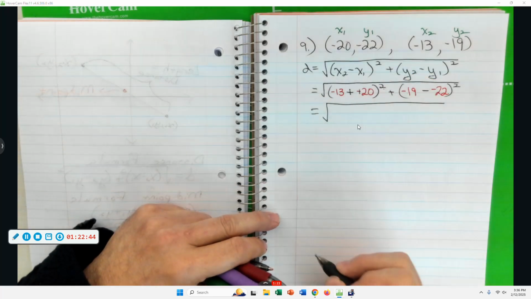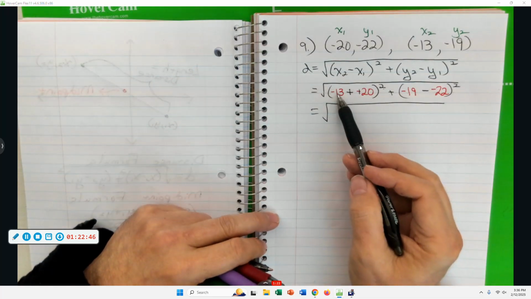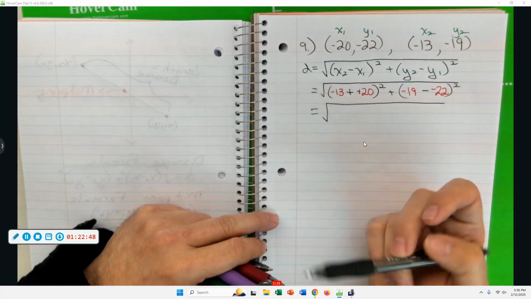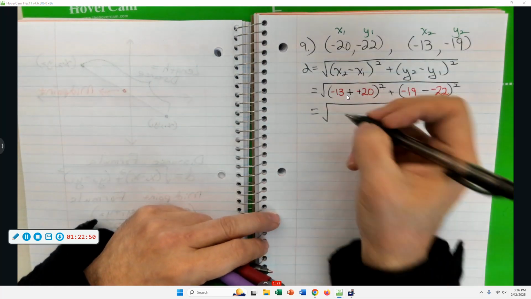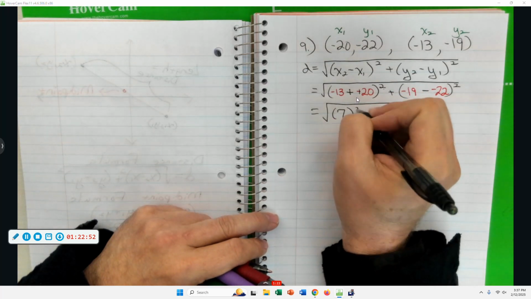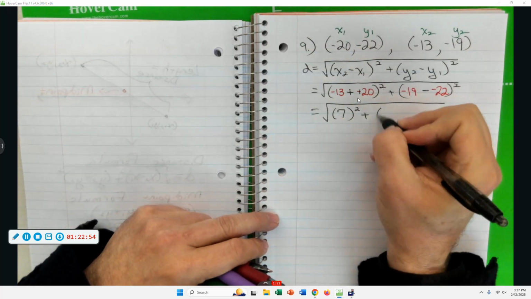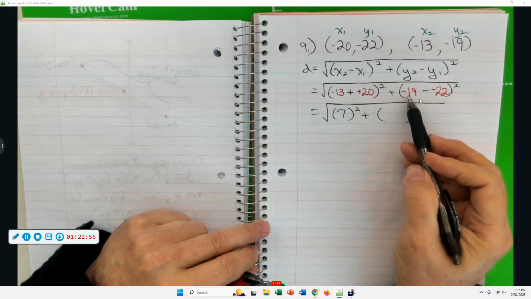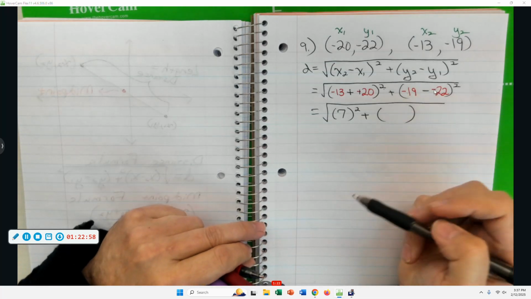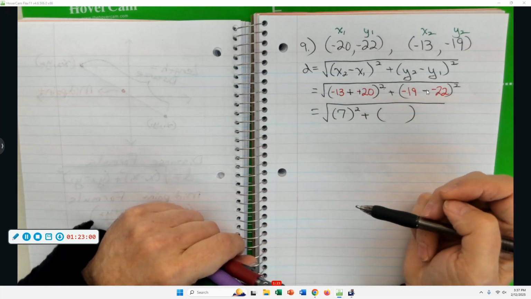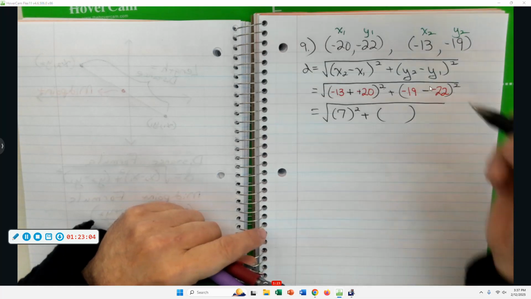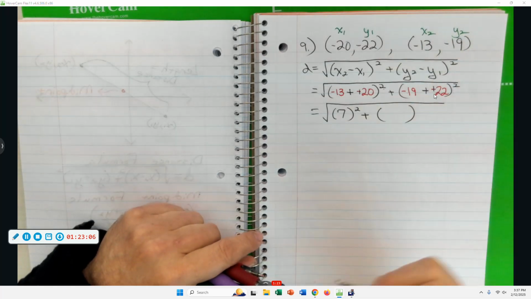That becomes plus a positive. What's -13 plus 20? 7. So we have 7 squared plus -19 minus a -22. What do I have to do? Okay, so that minus a negative becomes a plus.